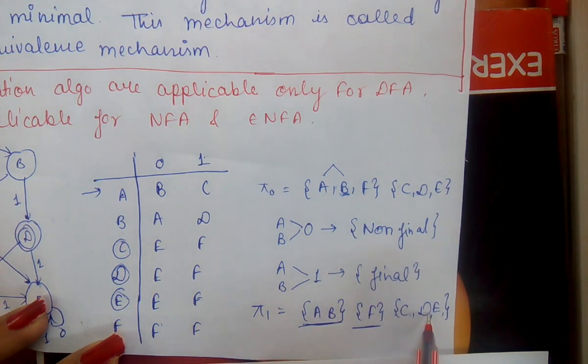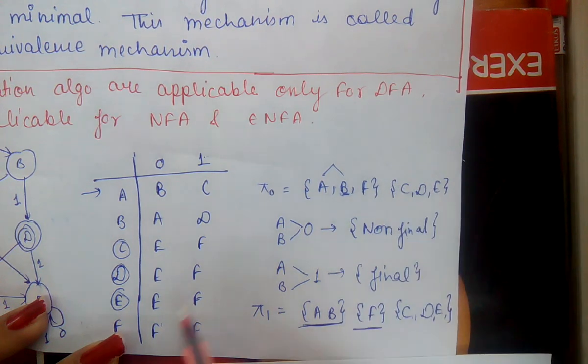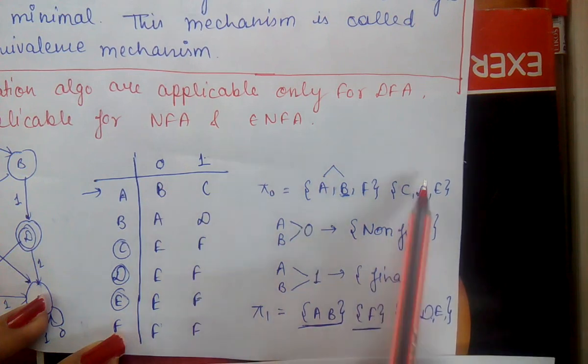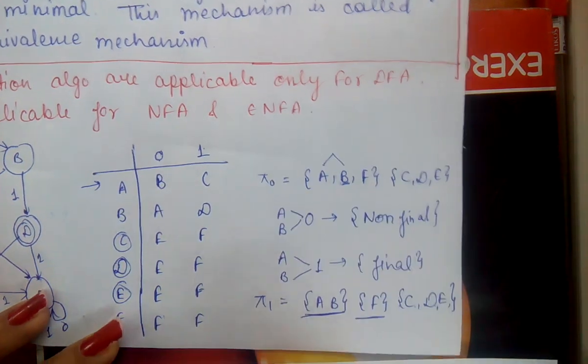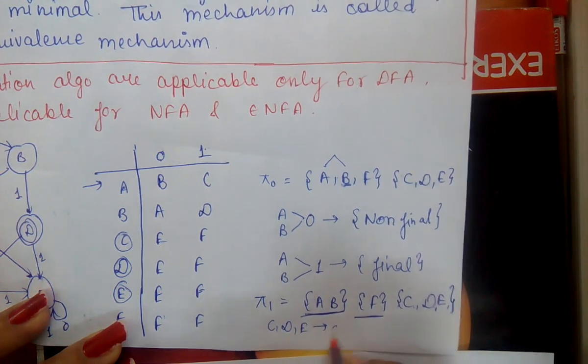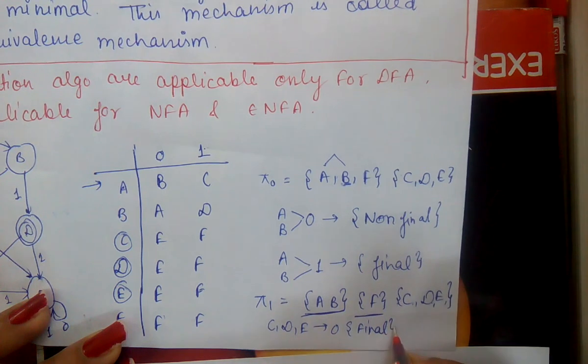If we check D, on giving 0 it belongs to this set only. And for E, on giving 0 it belongs to this set only. Means C, D, E on 0 go to a final state.